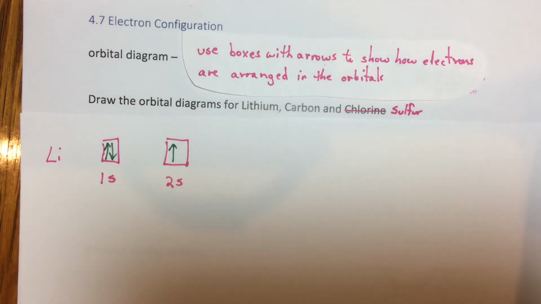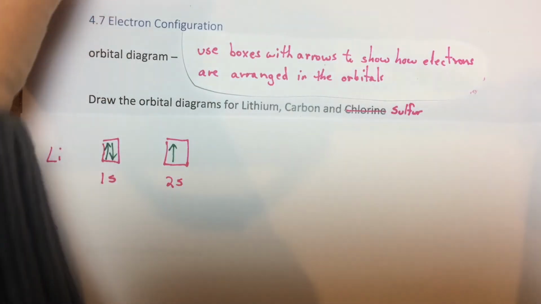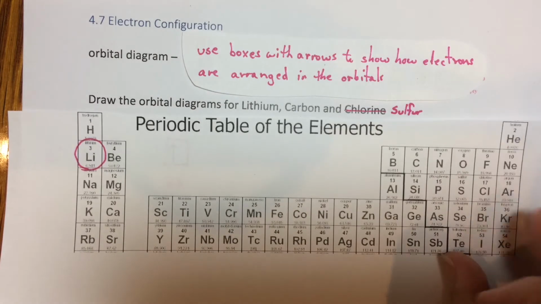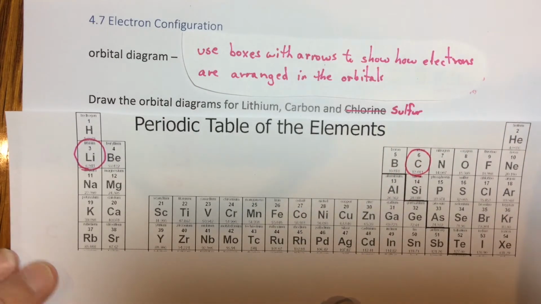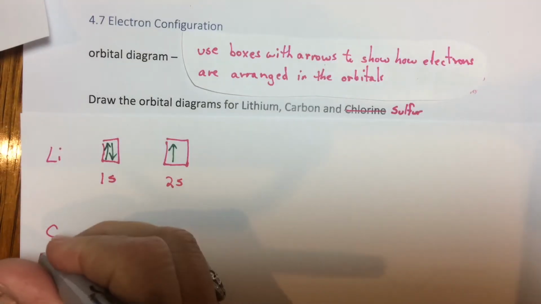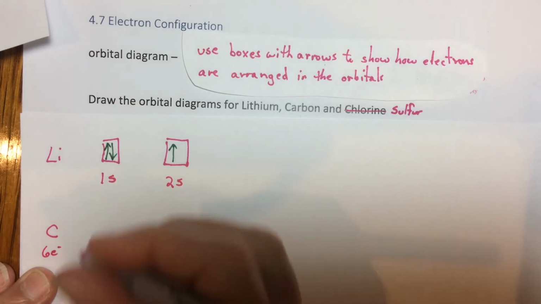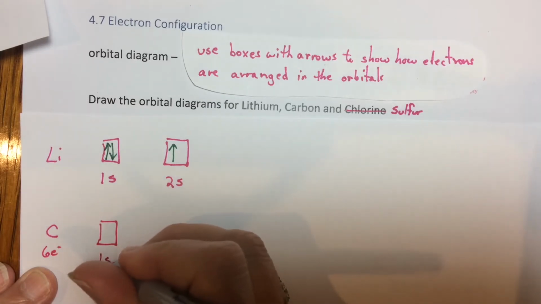So let's do carbon next. Carbon, on the periodic table here, has 6 protons, and it'll have 6 electrons as well. So we've got 6 electrons to place. The first energy level is 1s.